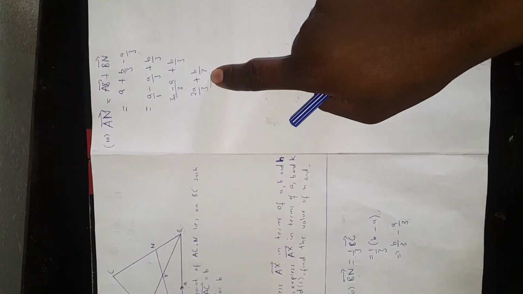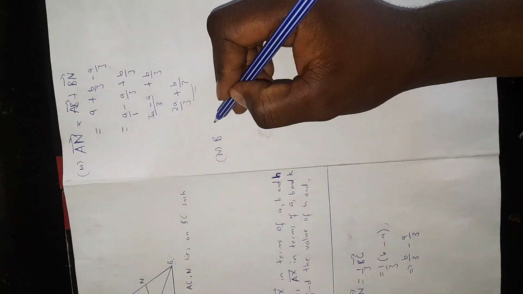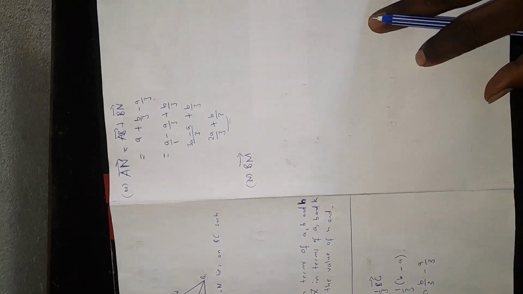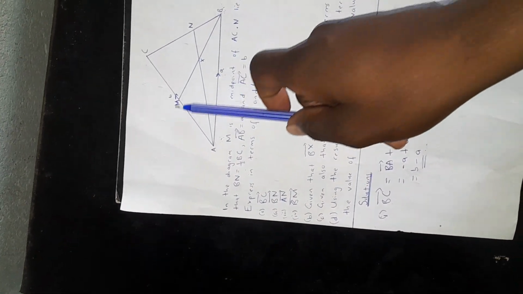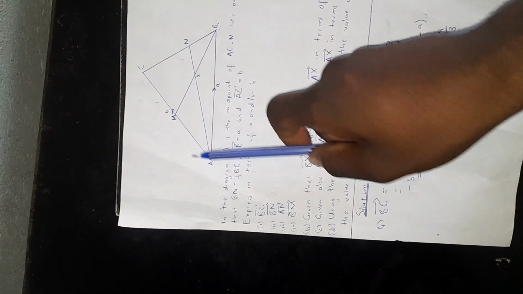Now we are moving to BM. As you can see, where is our BM? Our BM is this one. So for BM, we use the direction BA plus AM.